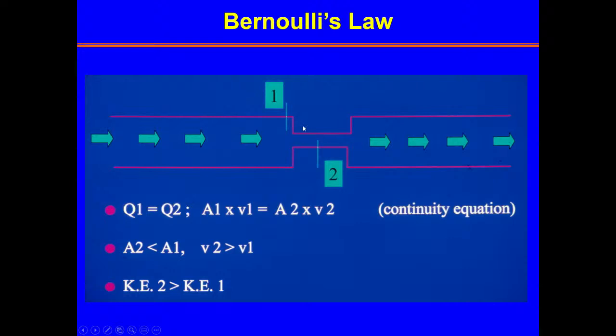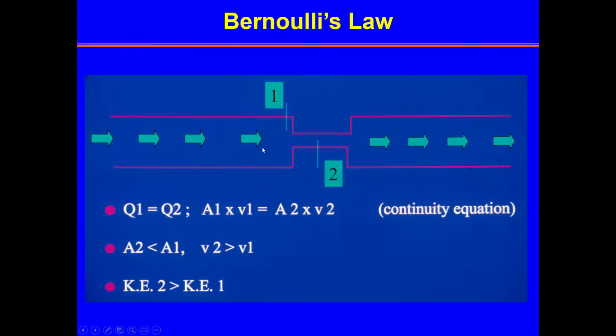All of the flow goes from point 1 to point 2, and therefore flow at point 1 is equal to flow at point 2. We replace flow by area and velocity at point 1, area and velocity at point 2. It follows that if I'm interested in the area at point 2, then I can divide area at point 1 times velocity at point 1 by velocity at point 2, and now we have the area.